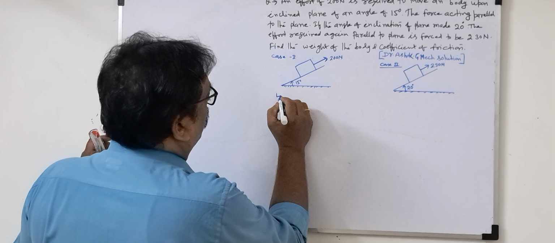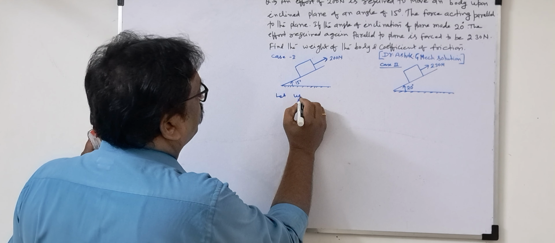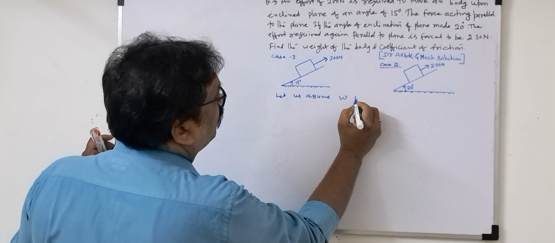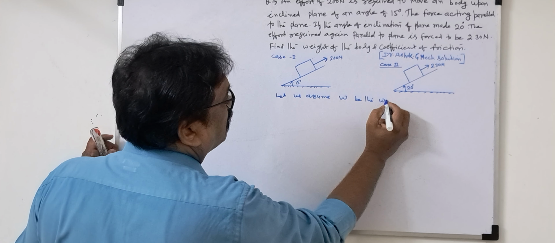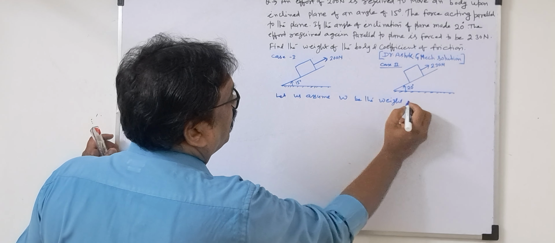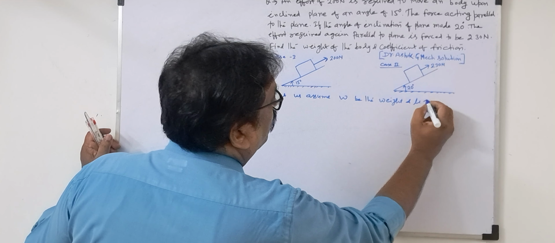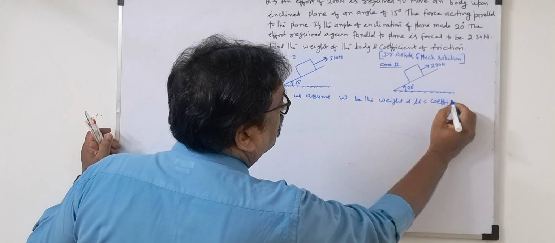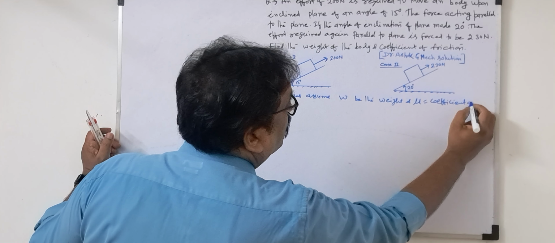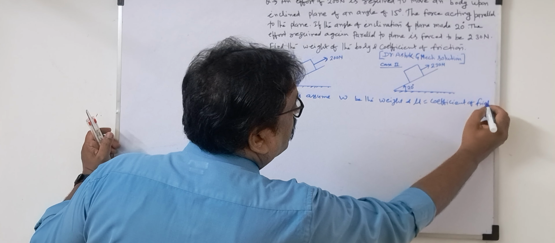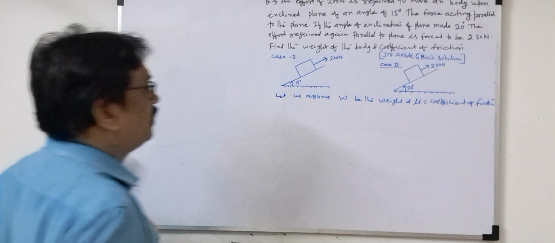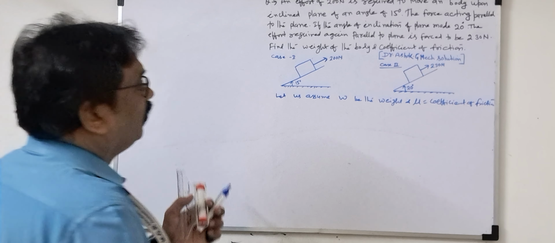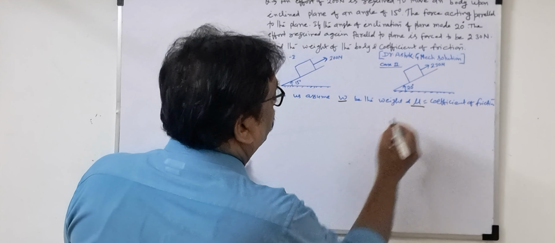So let us assume W is the weight and mu is the coefficient of friction.